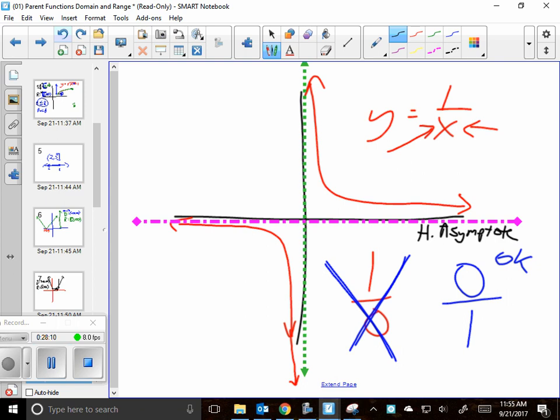And this can get a little confusing because it's the opposite of what you'd think. Wouldn't you think, since that's the x-axis, that would be the spot x equals 0? But it's not. It's the line y equals 0. The x-axis is y equals 0.